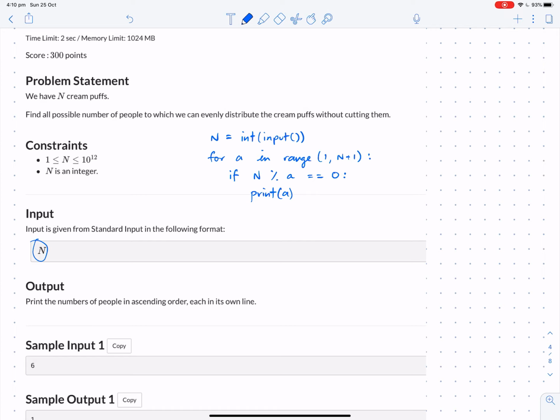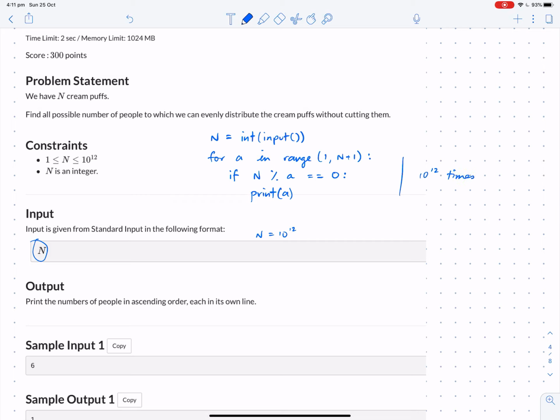There's only one problem. If n is 10 to the 12, then this runs 10 to the 12 times. Now, that's too much. That's way too much for the computer because 10 to the 12 is a really, really large number. We have no right to ask a computer to do something 10 to the 12 times.